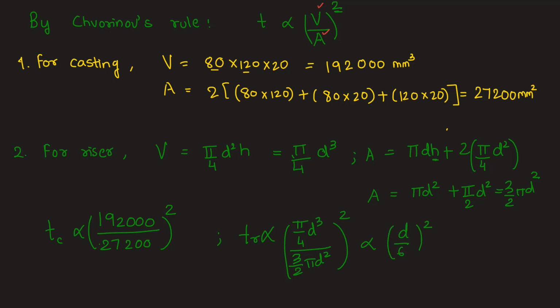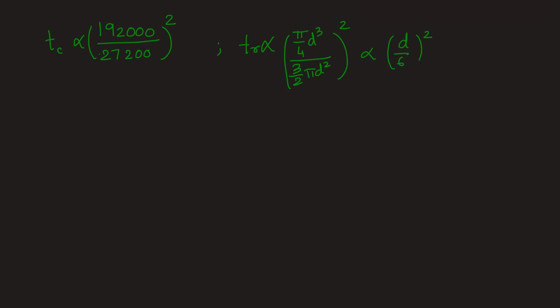Now let's find out d. If we take the ratio of solidification times here, the only unknown we'll get in that equation will be d. So we can find out d from there. Solidification time for casting by solidification time for riser is equal to, this term turns out to be 49.83 divided by d square by 36, will be equal to, solidification time for casting is given as 2 minutes and for riser it is given as 3 minutes.